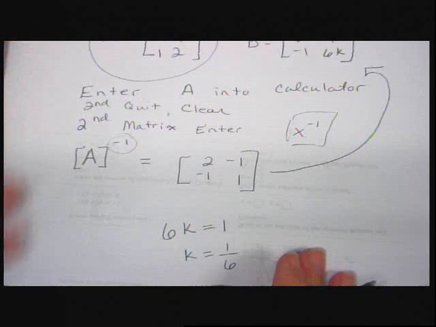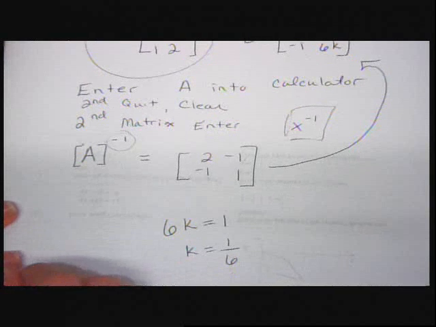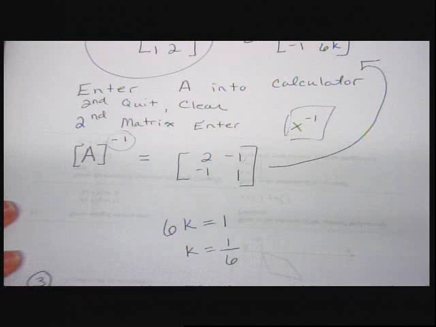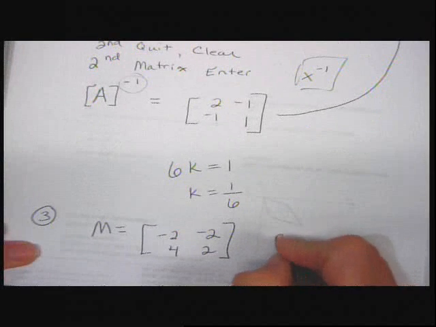Did everybody practice or try it with your calculator, or look at your neighbor if you don't have a calculator? Okay, number 3, should we just do it with our calculator? Negative 2, negative 2, 4, 2. They want you to find M inverse.